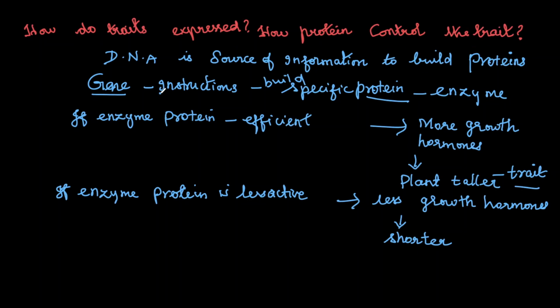The gene has instructions for building a protein, but if there is an alteration, there will be an efficient enzyme or a less active enzyme. That helps to control the trait, whether the plant is taller or shorter.